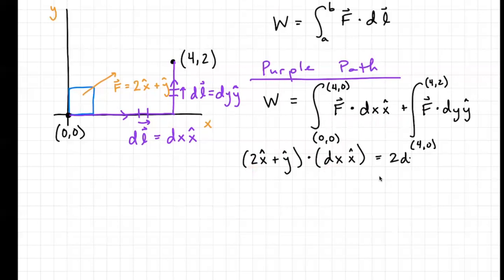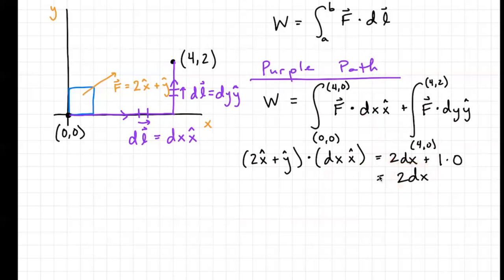So 2dx, and then plus the y component of the first vector times the y component of the second vector, but there is no y component for the second vector. It's just 0. So that next part is 1 times 0. And this dot product is just 2 times dx. So what is going to go into the integral for this part is just 2dx.